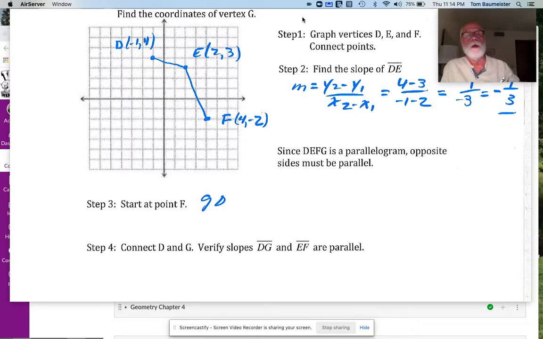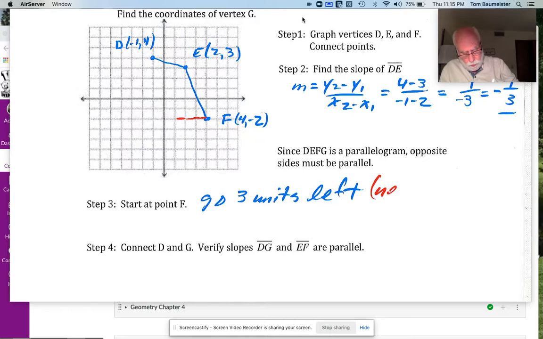So our slope for F and G should be the same as our slope for D and E. So that means that we're going to go 3 units left from point F. So remember, when we go 3 units left, 1, 2, 3, that tells us we are going, well, let me keep it in red for you.